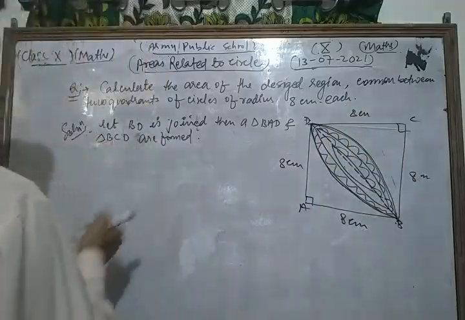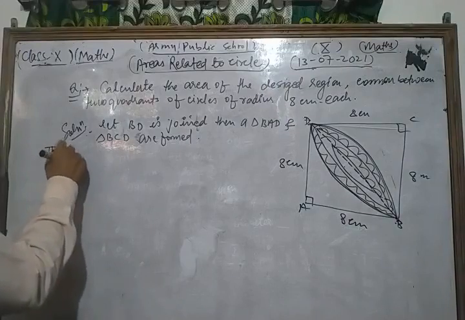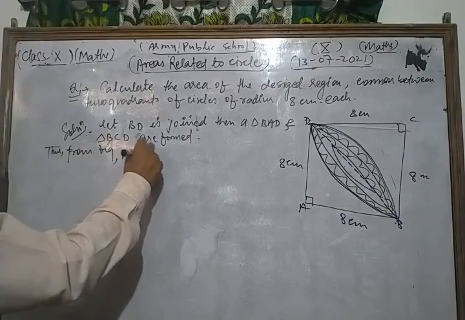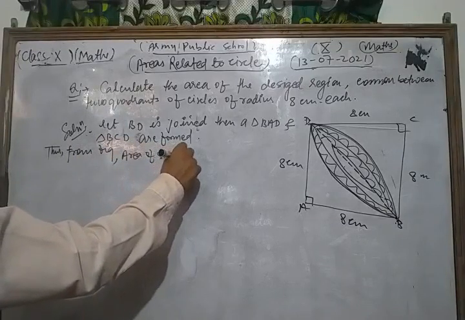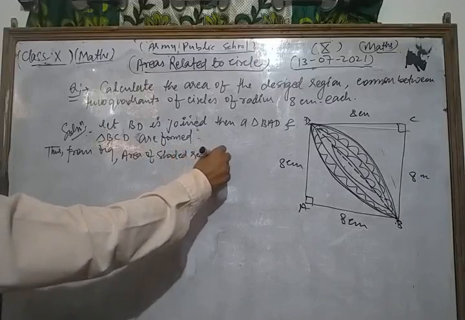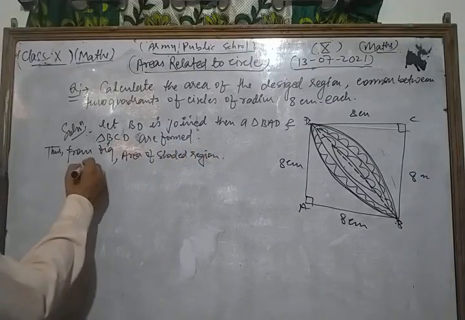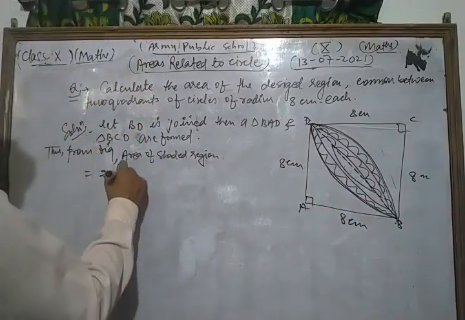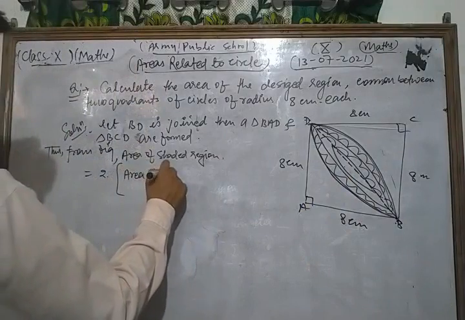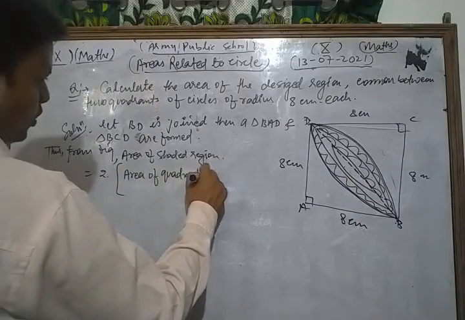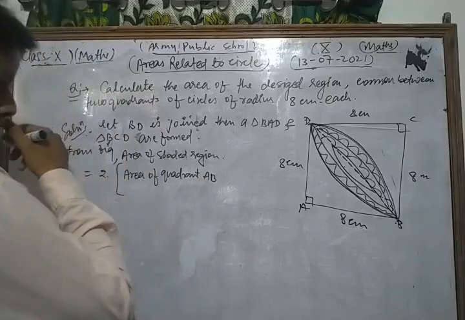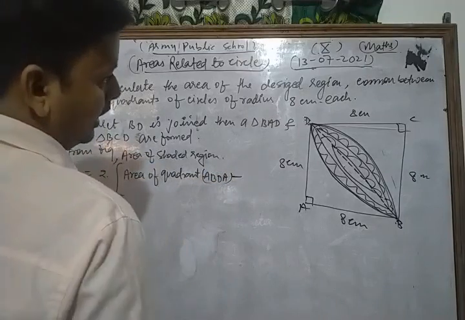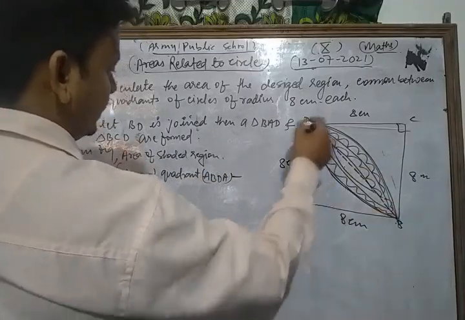So we can write, thus from figure, area of shaded region is equal to 2 times area of quadrant ABD minus area of triangle BAD.